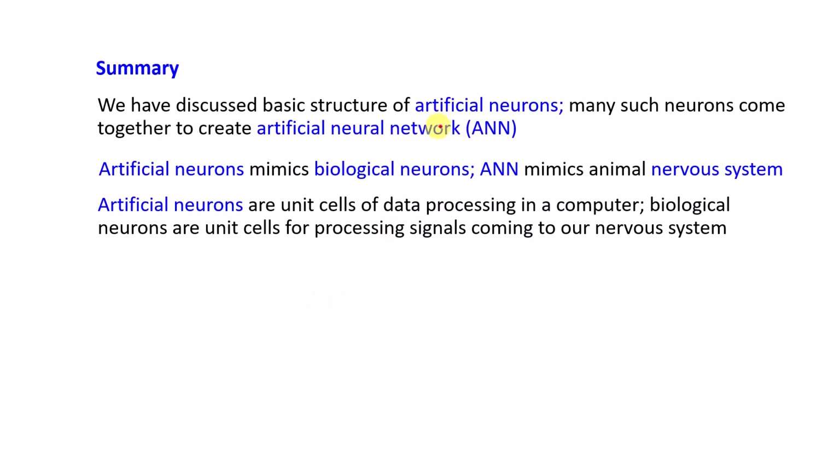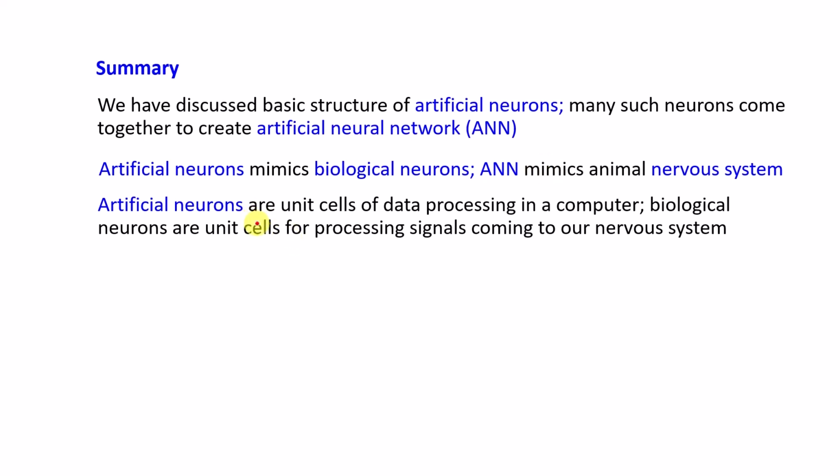We have discussed the basic structure of artificial neurons. Many such neurons come together to create an artificial neural network. Artificial neurons mimic, in some sense, biological neurons. Similarly, artificial neural networks mimic our nervous system or the nervous system of any animal.